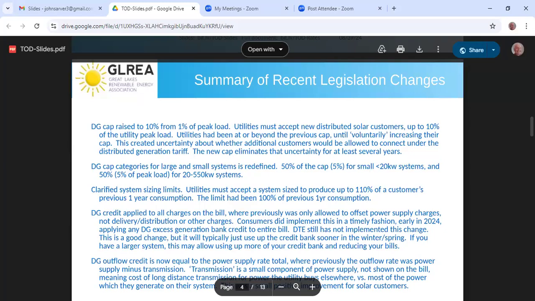That is how much they pay for electricity that they buy from far, far away, and they have to pay some for long distance transmission. Now, the power supply rate that we get credit for any outflow, it's the same as the power supply rate that you pay for inflow. This transmission component is not subtracted out.